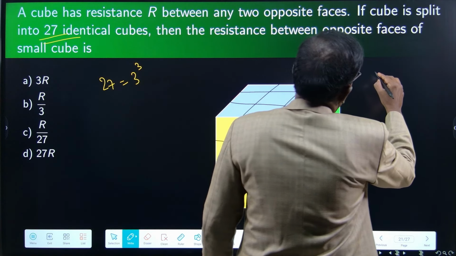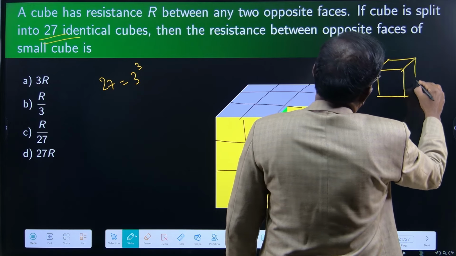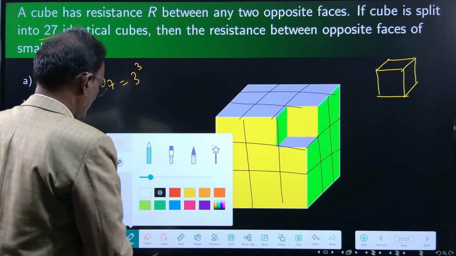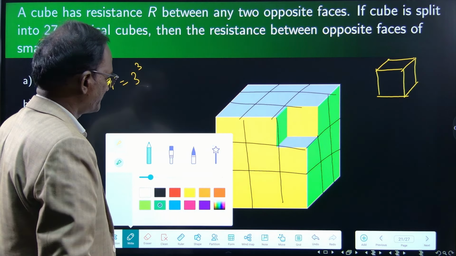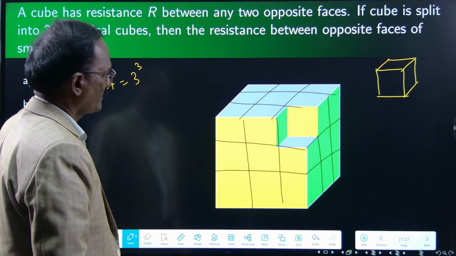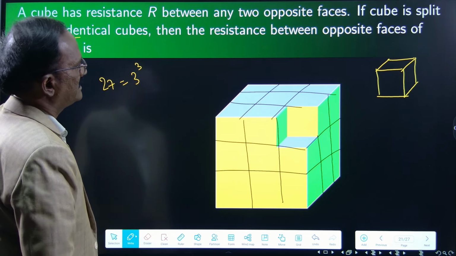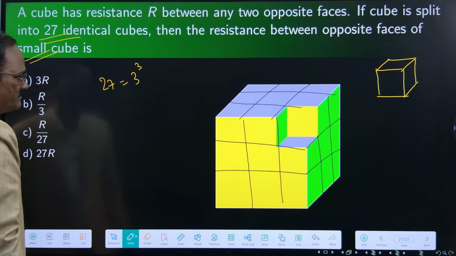Small cube, let me draw here. This is a small cube. This is a big cube. Then the resistance between opposite faces of the small cube is what?